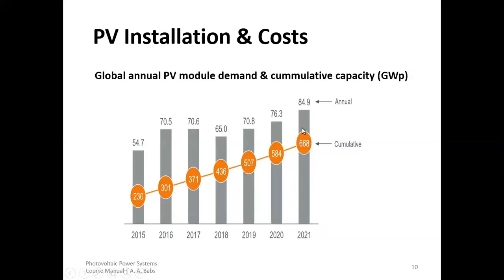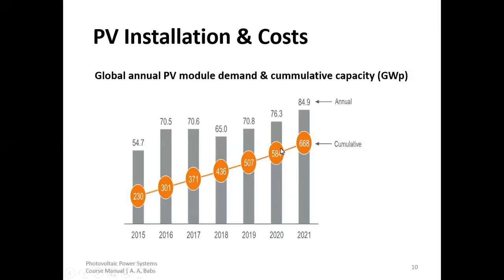So what we are saying is that by 2021, we're gonna have a cumulative installation of approximately 670 gigawatt installed globally. Right now, as I'm talking to you in 2020, we are getting close to this target already. One of the projects you guys are going to work on is to find out, because these are projections, all right?